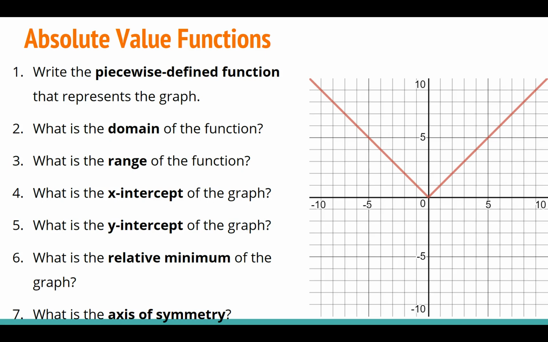What's this first piece? It's A. What's the equation of line A? Negative x. What about line B over here? Just x. X is greater than. Yes, so this is the same thing that we just did.